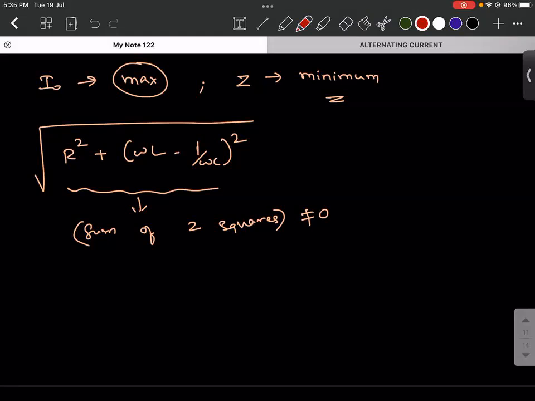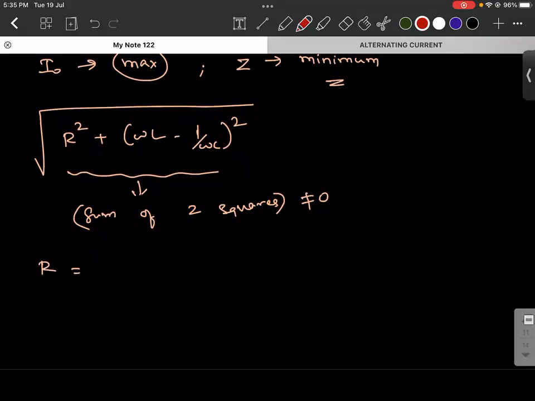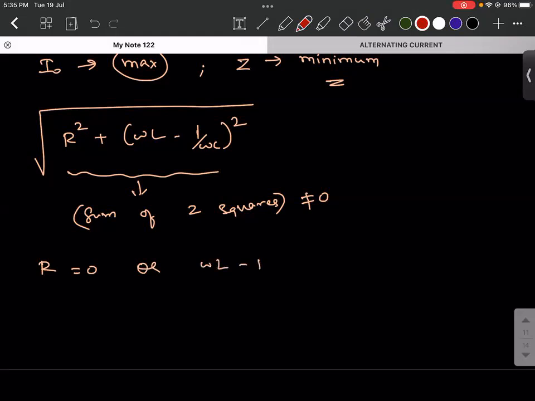When that is the scenario, I can either make R equal to 0 or omega L minus 1 by omega C to be 0. Right? If I make either of the values equal to 0, then the total value will reduce. Why is it so?